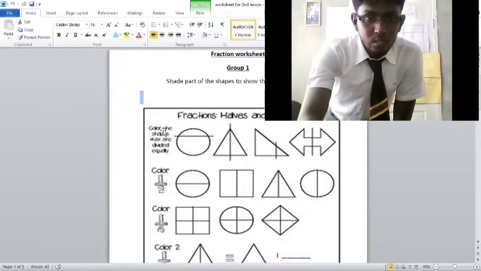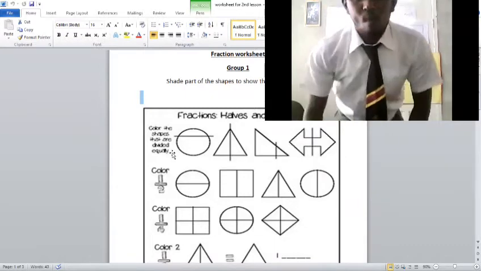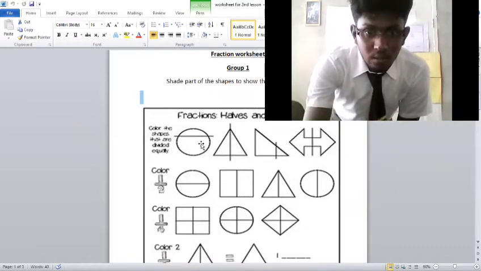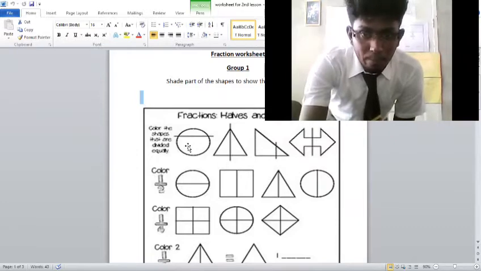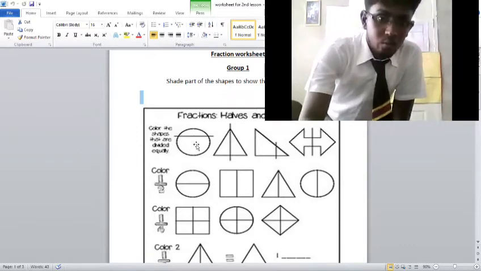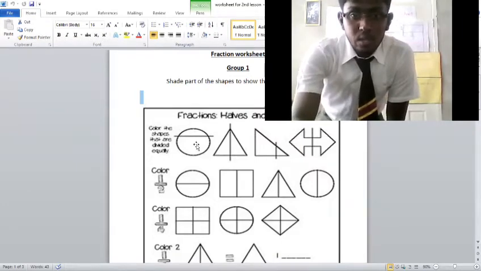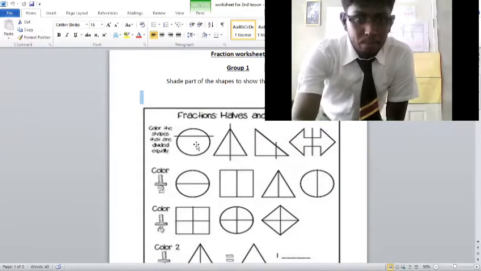So the first one is color the shape that are divided equally. So you have to look at the shape in the first row. See the first one here, circle, is it divided equally into 2 equal parts? So you shade it if it's divided into equal parts.